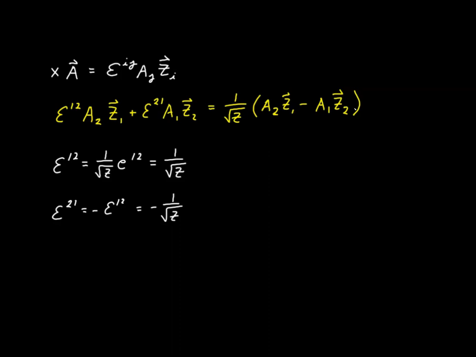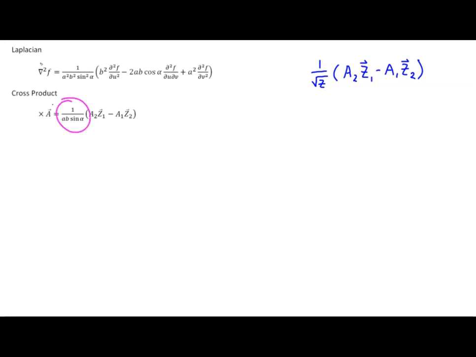So we can use this pattern for our remaining coordinate systems. For affine coordinates, all we need to do is to refer to our pattern for 2 dimensions and then substitute in the value for the volume element. And in affine coordinates, that volume element is AB sine alpha.